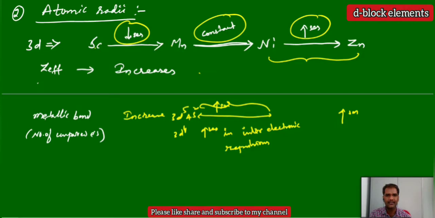Initially it will decrease regularly, as Z effective can support, but from manganese to nickel, the inter-electronic repulsions and the effective nuclear charge are almost opposite in direction, means they give opposite forces. And from nickel to zinc, the inter-electron repulsions are the more dominating factor than the effective nuclear charge. So, inter-electronic repulsions expand the electron cloud, so size will increase.